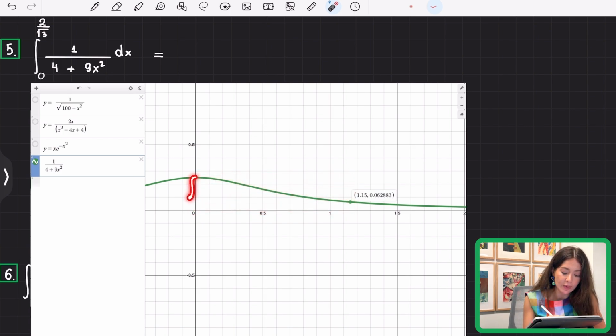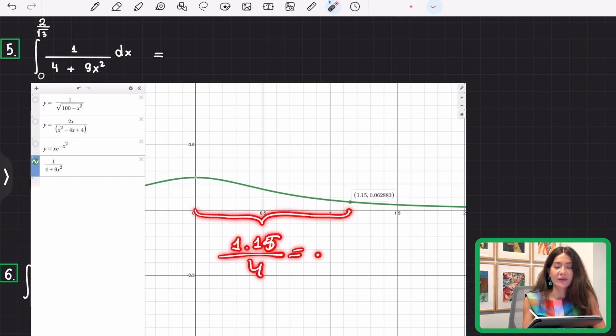So here the height is 0.25 and the width is 1.15, right? So anytime you're multiplying by 0.25, that's dividing by 4.